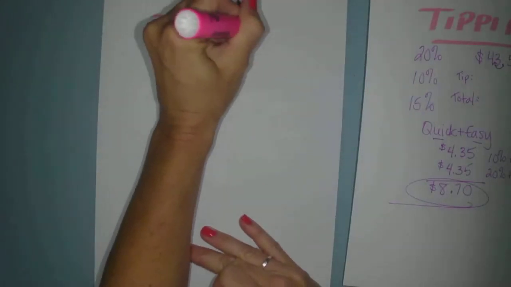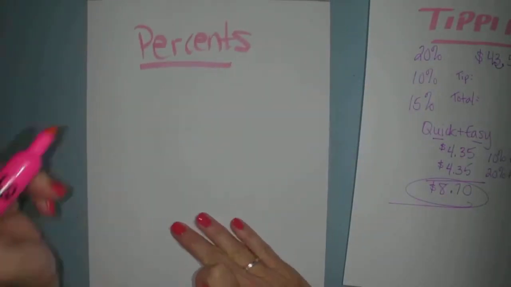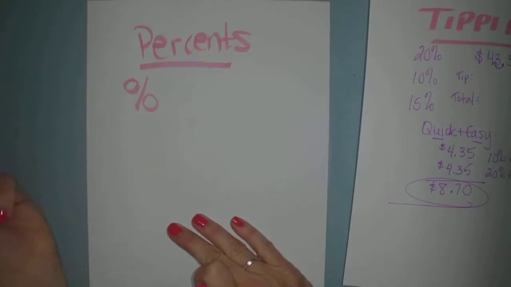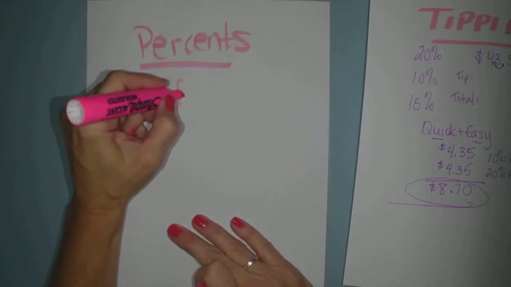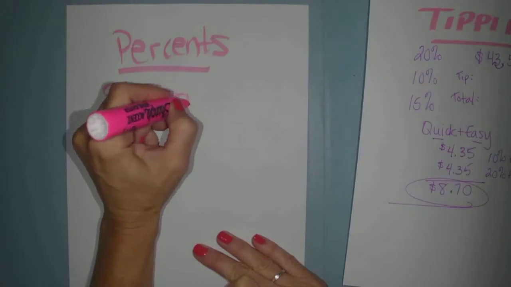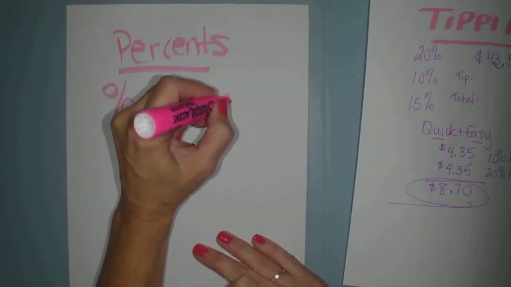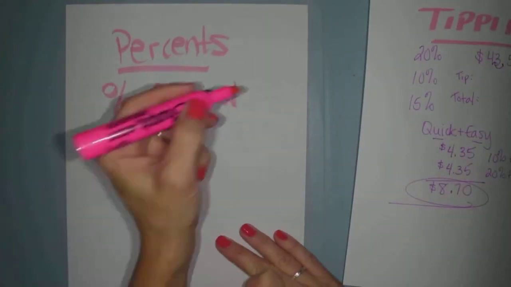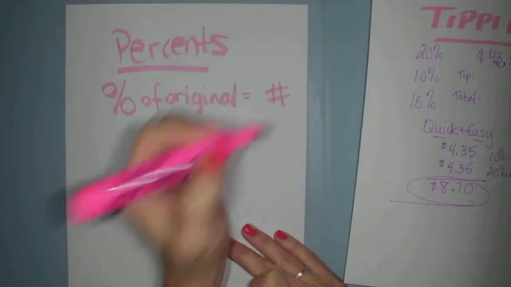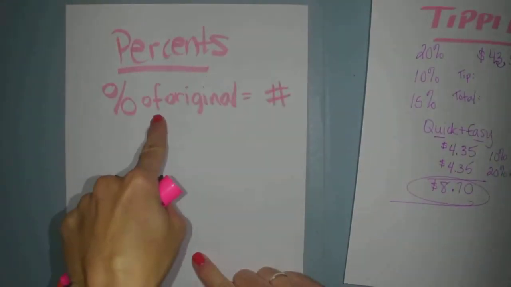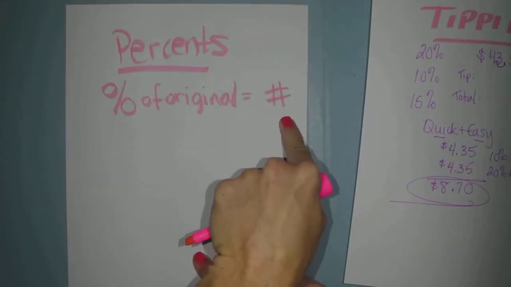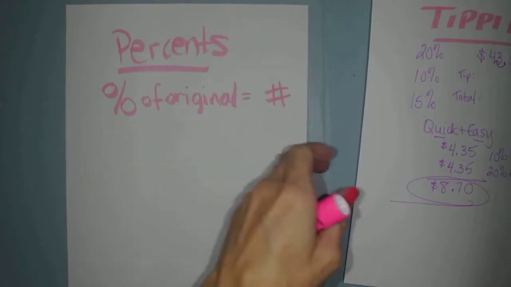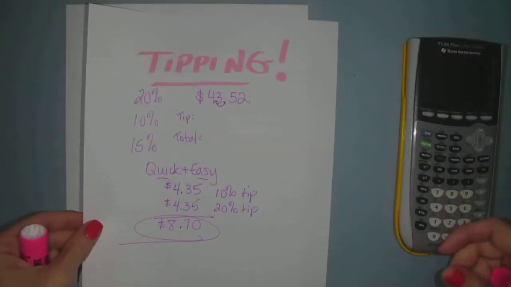The way I always deal with percents is I take the percent of the original. Percent of original equals some number. So the percentage of the original equals a number. Okay, so let's use that in this example we were talking about.